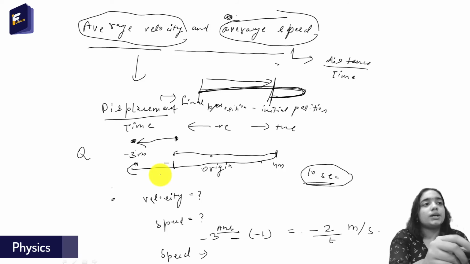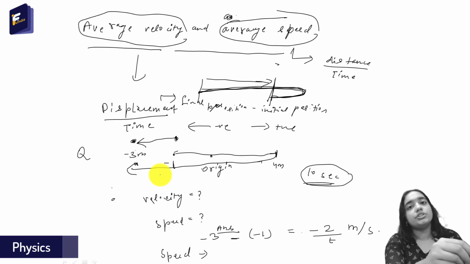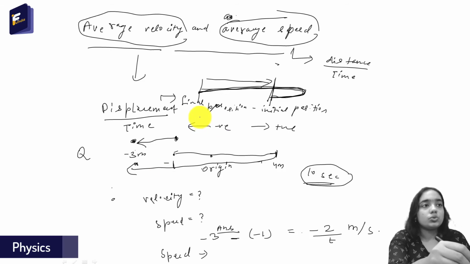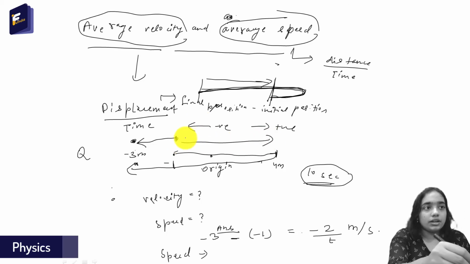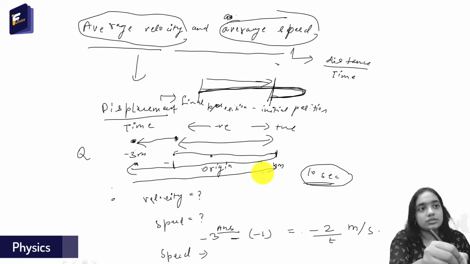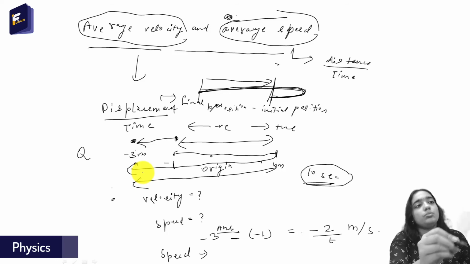But when we calculate distance, we have to take into account the journey of the particle, the total length. So you have to add the distance from here to here, then from here to here, the whole backward direction, -1 to +4, then 4 to -3.